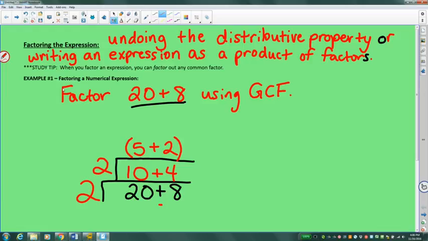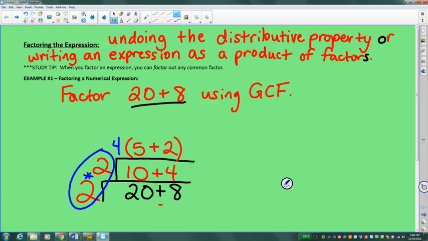That's the sum inside the parentheses that I originally started with before I used the distributive property to get 20 plus 8. The number outside the parentheses is going to be whatever is outside, whatever I divided them both by. If I have one number, then I bring that one number up. If I have 2 numbers, then I multiply them together. So I took out a 2, and then I took out another 2, which means 2 times 2 is 4.